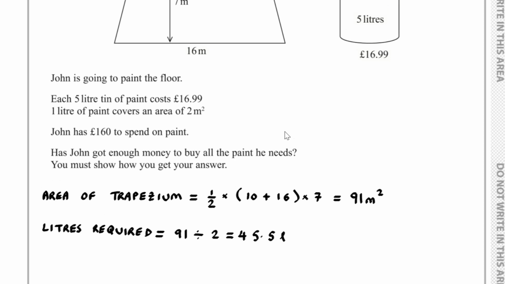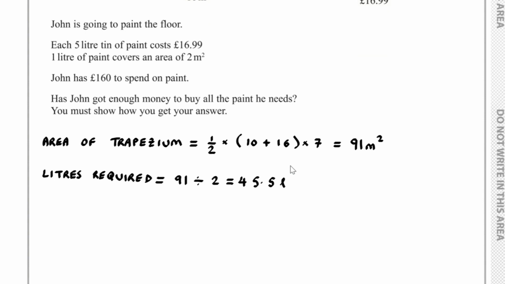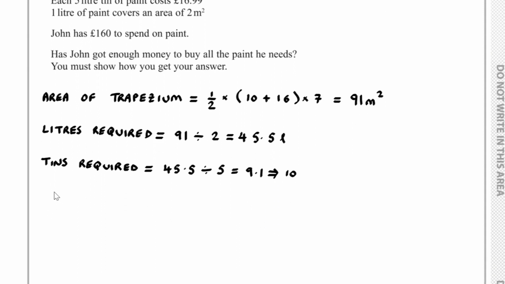We know that 1 tin has 5 litres of paint in it, and so the number of tins required, well, we've got 45.5, and then I'm going to divide this by 5. The answer is 9.1, which implies we require 10 tins.